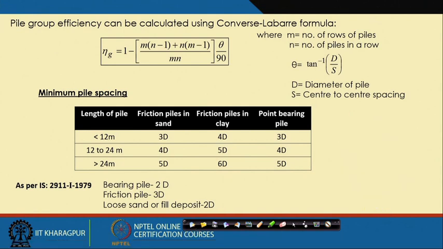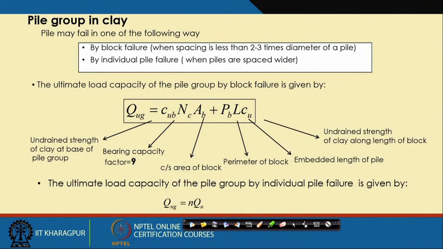So, next one, how I will calculate the load carrying capacity of a pile group in clay. Okay. So, when we are calculating the pile load carrying capacity of a pile group in clay, we consider it as a block failure. Okay.